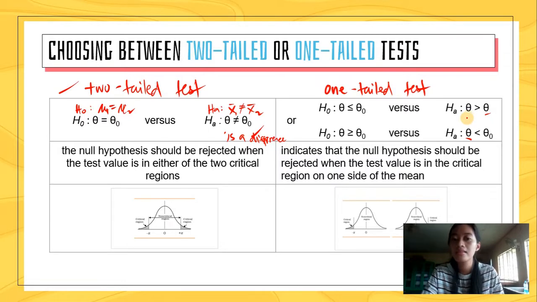But if you want to really check if one is greater than the other or one is lesser than the other, this is a one-tailed test. It is very important to be able to identify this because we are going to use it in the first lesson for t-tests. Before you begin your statistical test, you have to decide if what you are going to do is a two-tailed test or a one-tailed test.